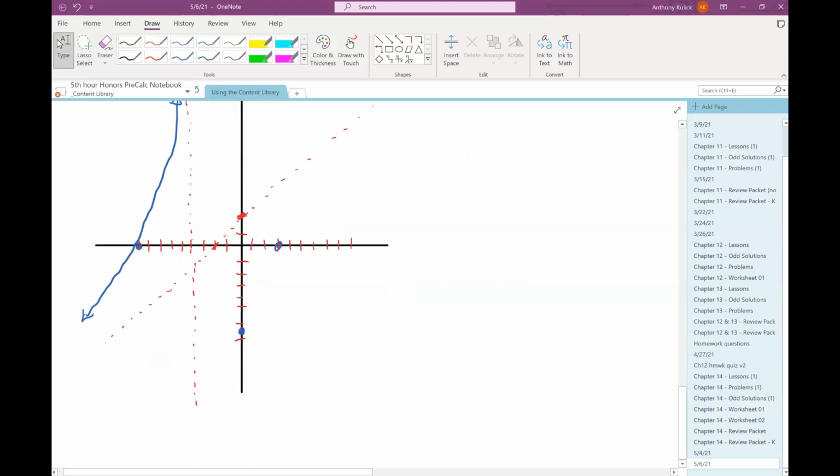Similarly on the right side of -4, I know I have to be coming from below to go through the y and the x-intercepts, because if I tried to do it from above, I'd have to again cross that slant. So I get something that kind of looks like that. Does that feel okay? Yeah.